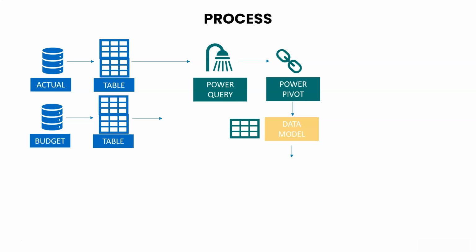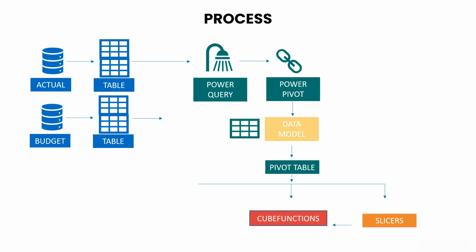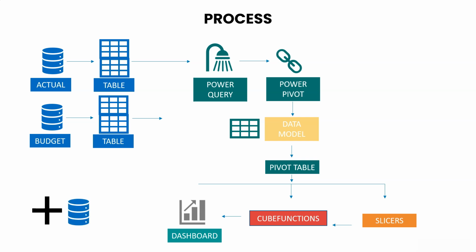We are now going to export this into a PivotTable, and to be able to use the layout that you saw, we insert our slicers and convert this into cube functions. With this background, we are now able to create our dashboard, and it is dynamic, of course. When the data updates, this whole dashboard also updates. So this is our journey.